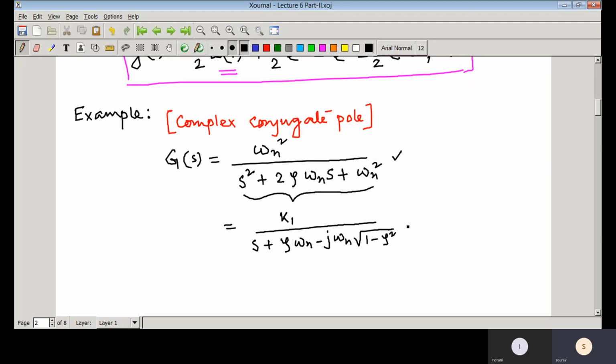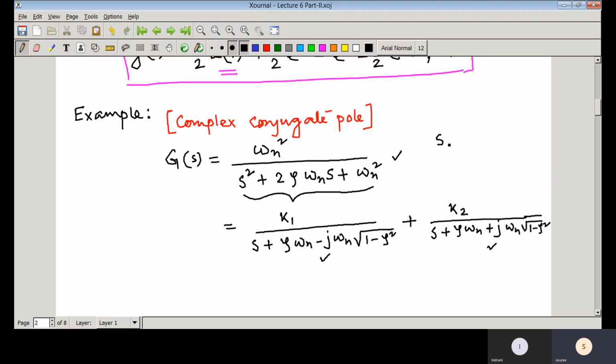So this is one pole, and another pole is K2 over s plus zeta omega n plus j omega n root 1 minus zeta square. So one pole is here, s equal to minus zeta omega n plus j omega n root 1 minus zeta square.